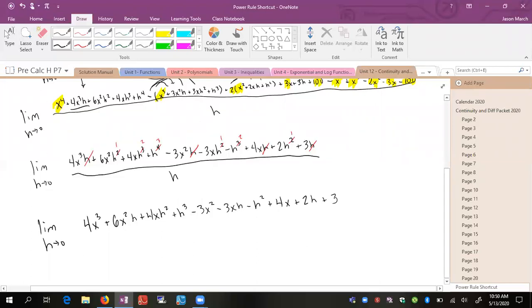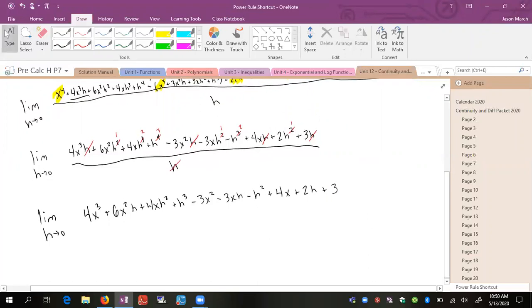No more h in the denominator. So now when I plug in 0 for h, I'm not getting indeterminate form.